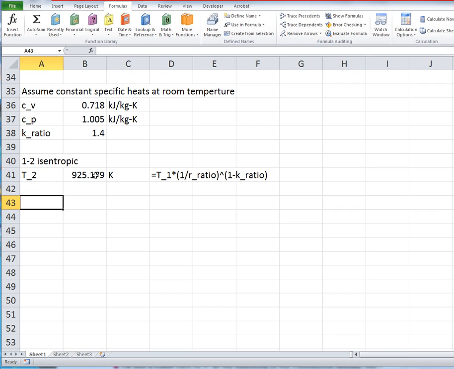The process from state 2 to X is a constant volume.